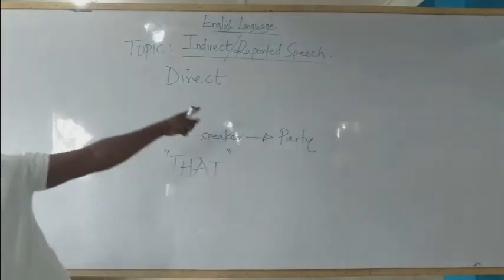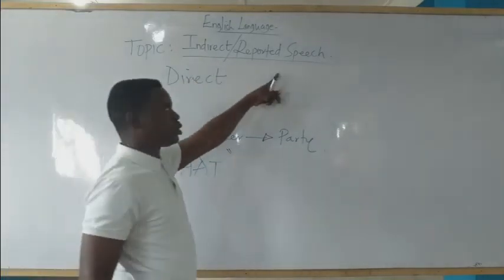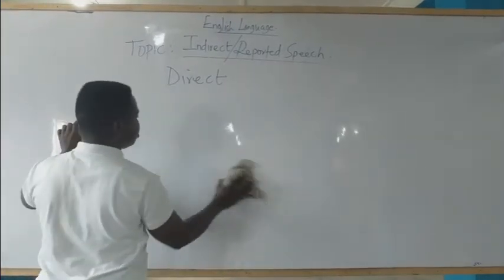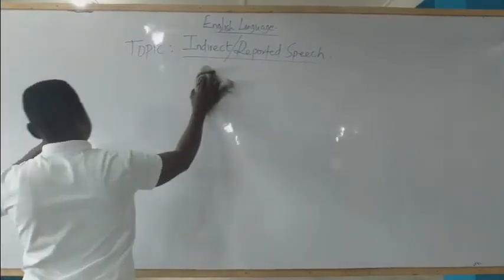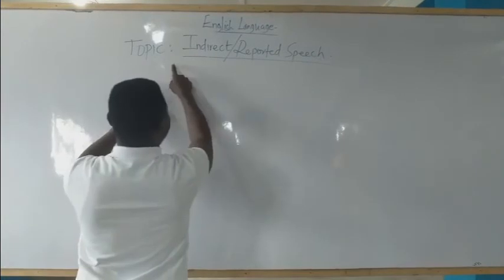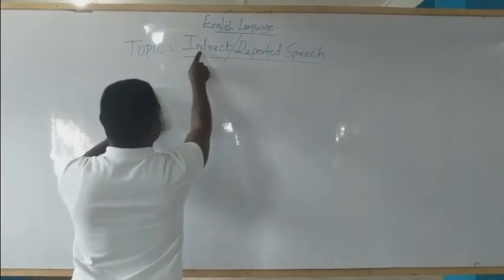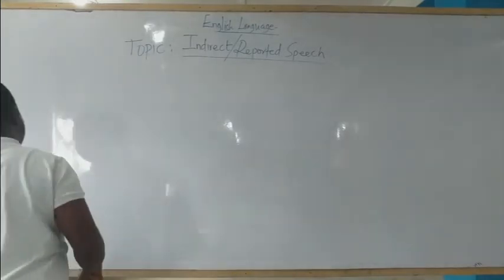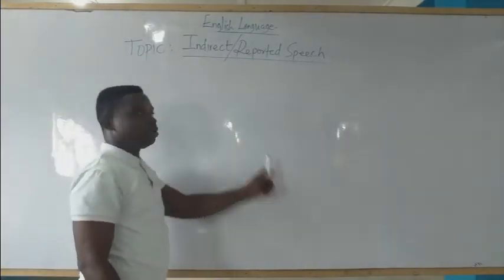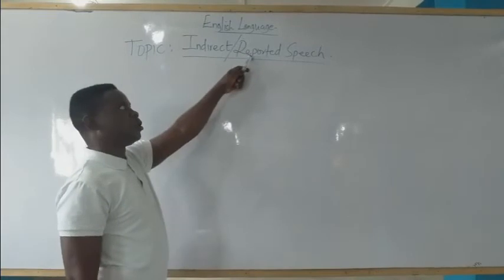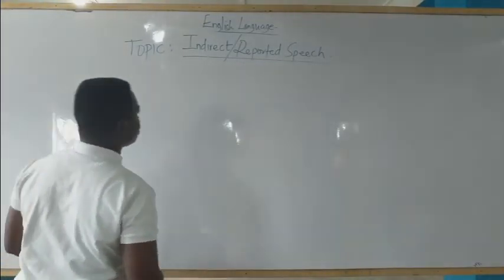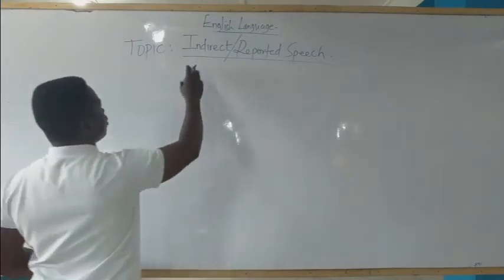Now, under indirect speech, what are the steps that must be taken to change an expression from direct form to indirect or reported speech? As I've said, take note. An indirect speech is otherwise called a reported speech, and it is usually expressed with that also.